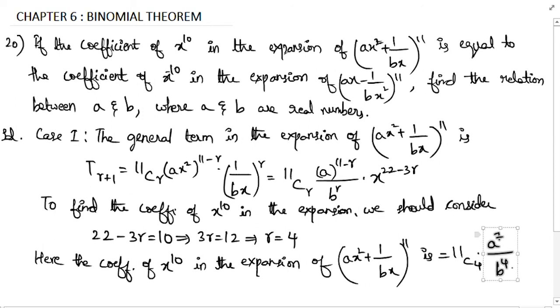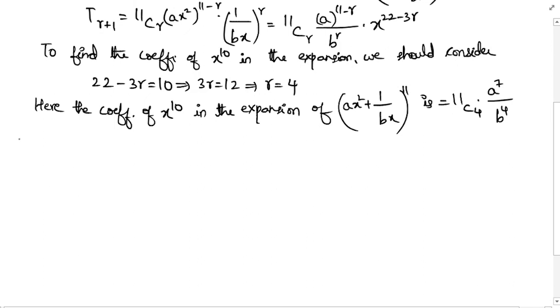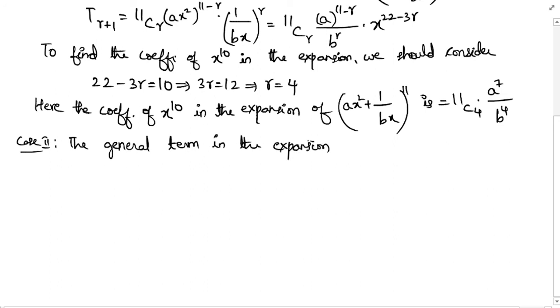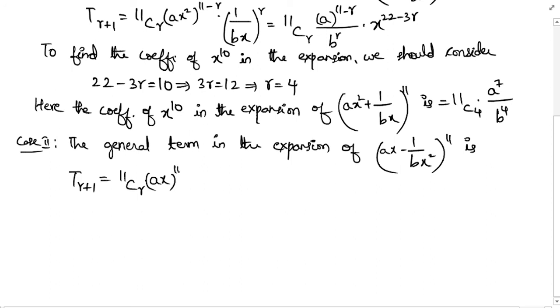Okay, so now we'll go to case 2. The general term in the expansion of (ax − 1/(bx²))^11 is T(r+1) equal to 11Cr (ax)^(11−r) into (−1/(bx²))^r.